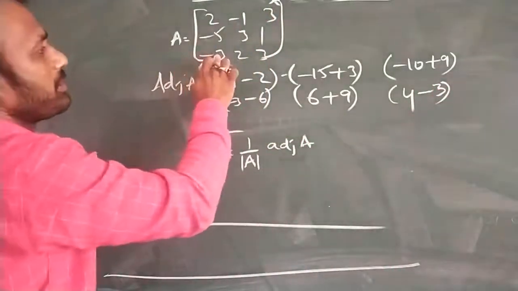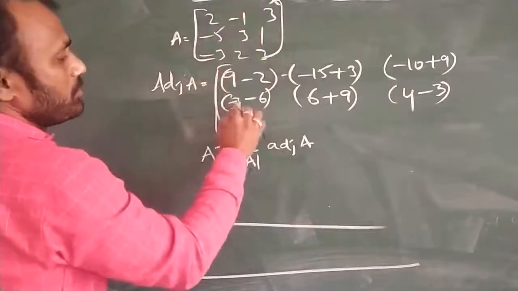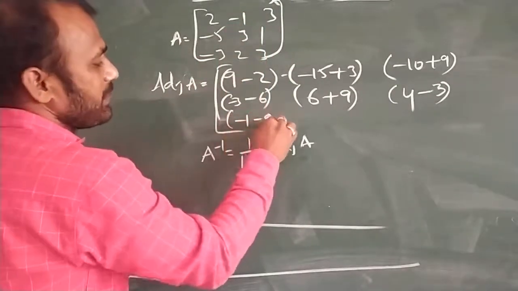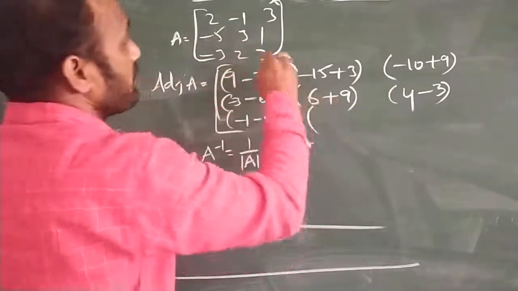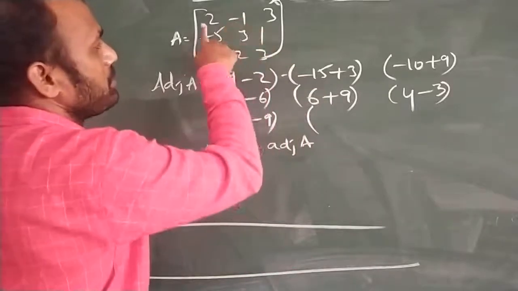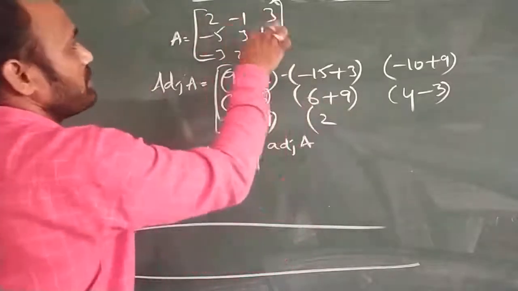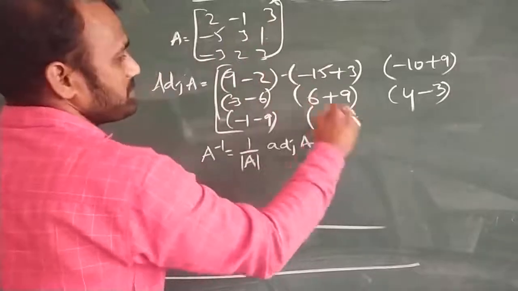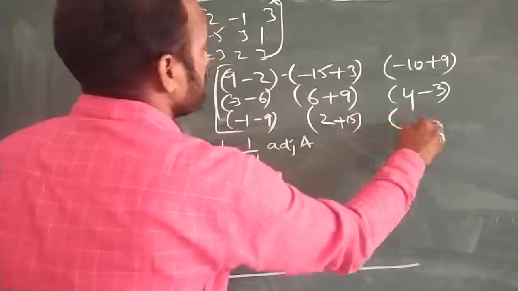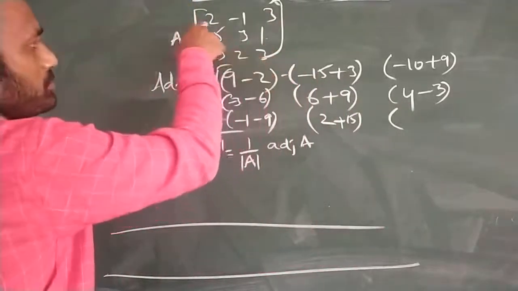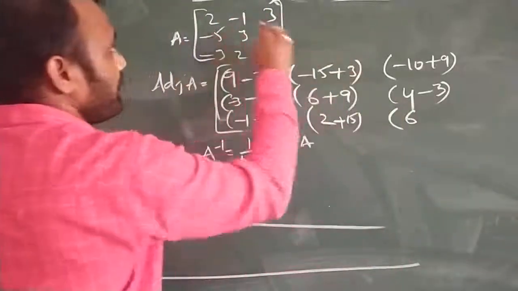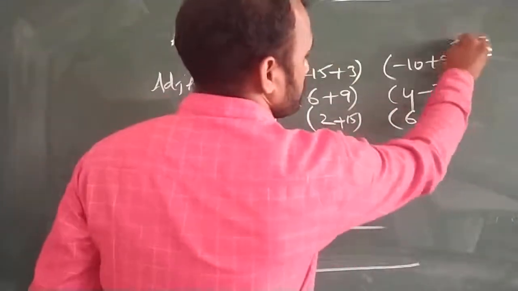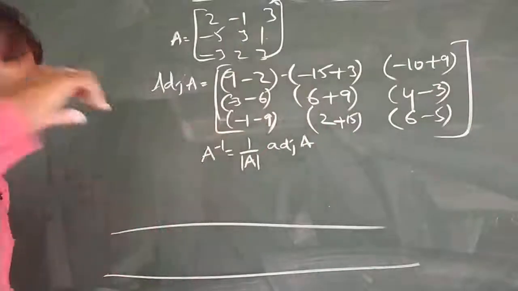The last row: minus 1 minus 9, then 2 1s are 2 minus 5 3s are 15, and 3 2s are 6 minus 5. So this is the adjoint matrix.